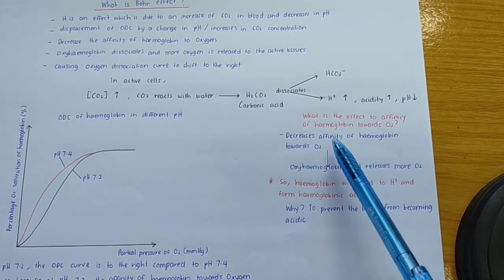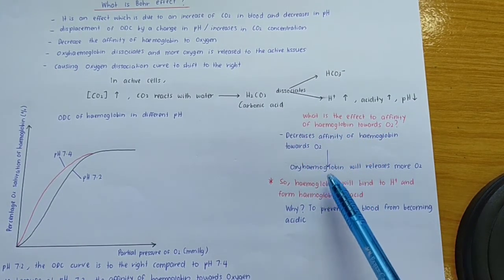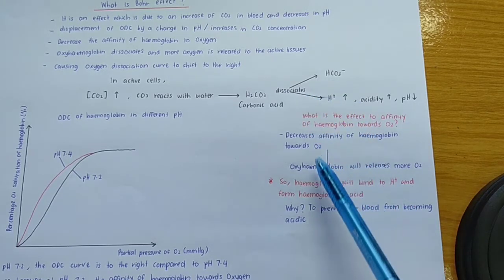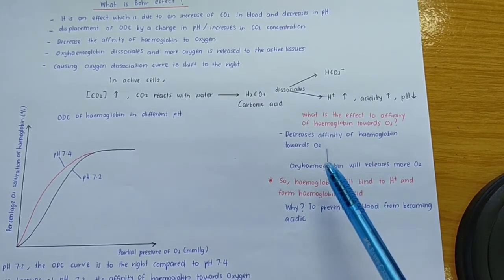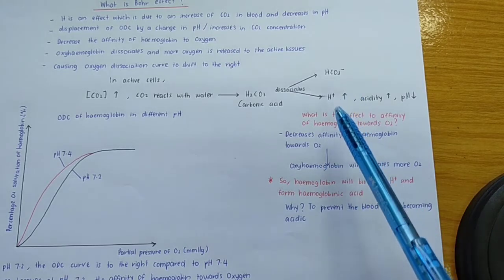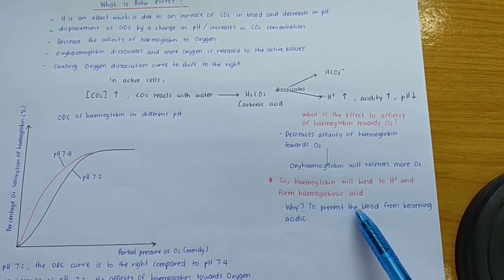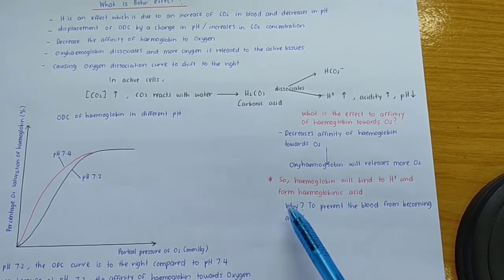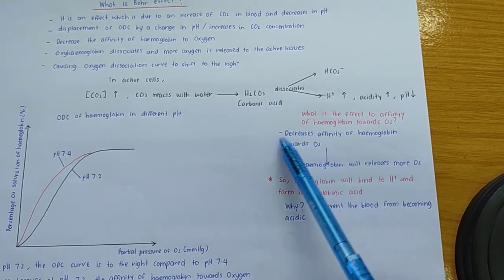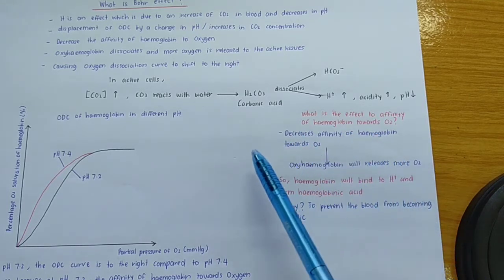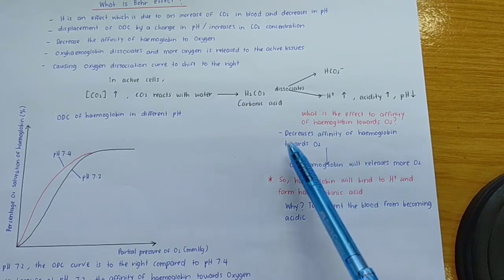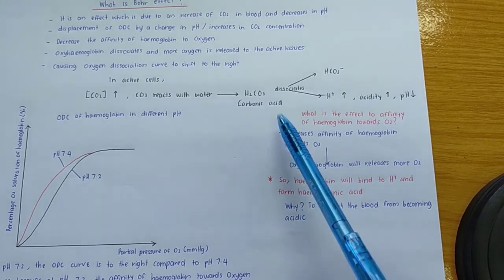So what happens to the hemoglobin? Hemoglobin will bind to the hydrogen ion to form hemoglobinic acid. So why must hemoglobin bind to the hydrogen ion? It will prevent the blood from becoming acidic. So that's why kalau kita tengok dalam keadaan yang macam ni, affinity of hemoglobin towards oxygen will be decreased.